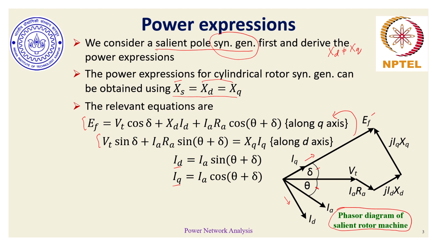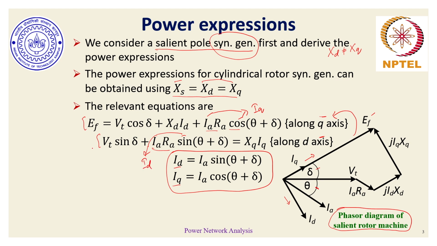So one thing before we go further in our discussion is, if we use these equations, ID and IQ equations, do we have any ID and IQ currents in our first two equations? What appears is the voltage drop along IA RA with the cosine component, IA and the cosine of theta plus delta, it is nothing but IQ, whereas the IA RA drop with the sine component, so IA and sine of theta plus delta, this current is basically equal to ID.